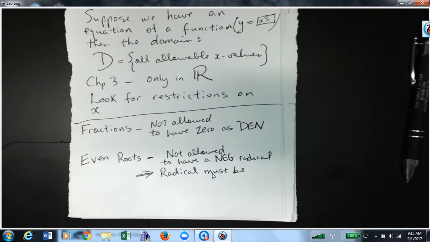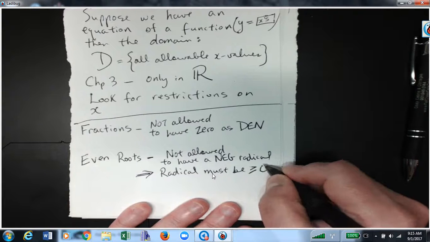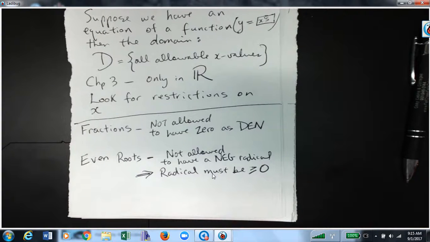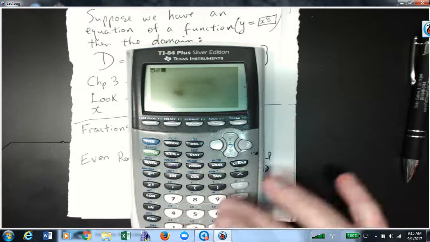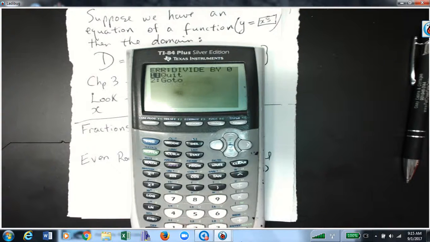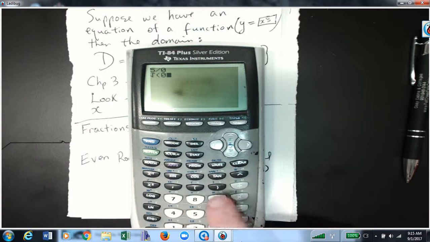So if the radical is not allowed to be negative, then the radical has to be greater than or equal to 0. There is not a problem. We saw before, there is a problem if I try to divide a fraction by 0, but there's not a problem at all if I take the square root of 0.